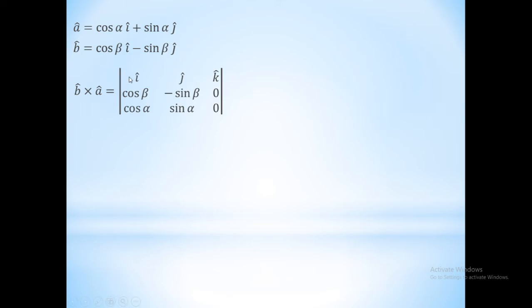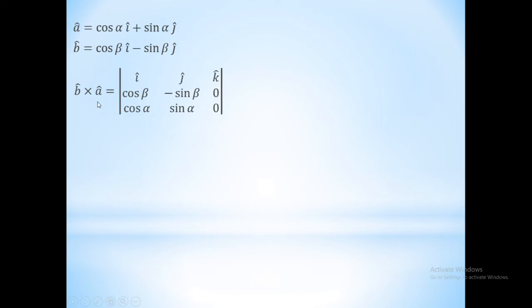For cross product, you write the determinant with i cap, j cap, k cap, and the coefficients of the first vector. What is the first vector? B cap. What is B cap? Cos beta for i, so I have written cos beta. For j it is minus sin beta, and there is no k cap, so 0 is written.